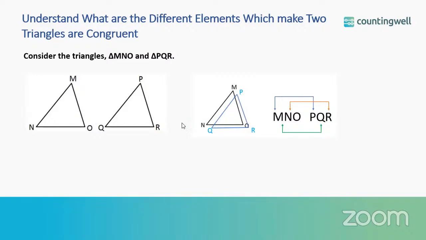Consider the triangles MNO and PQR. So let us check how we are superimposing triangle PQR on MNO.